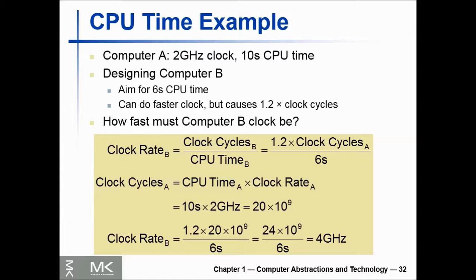From here, we find the clock rate is equal to 1.2 multiplied by 20 multiplied by 10^9 cycles divided by 6 seconds. After simplifying, we get 4 gigahertz. So to run the program in 6 seconds, B must have twice the clock rate of computer A.